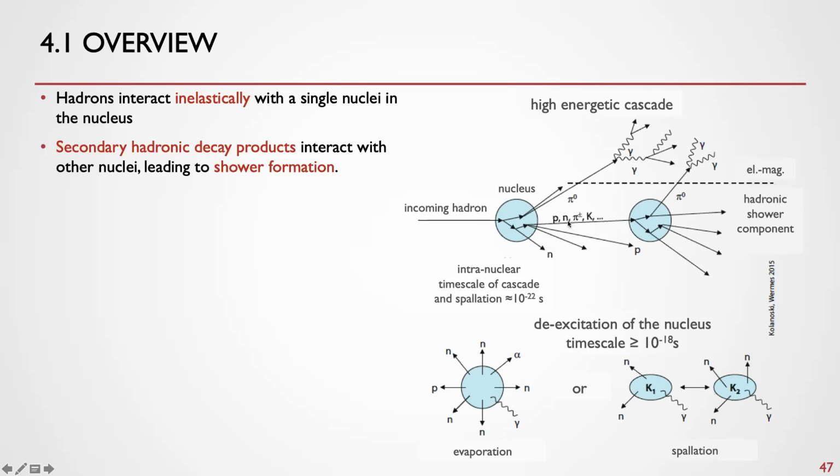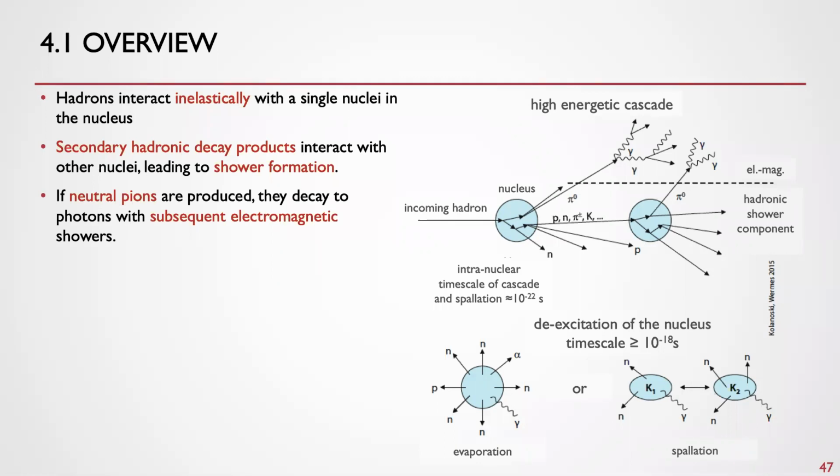Remember, the length scale ratio of the atom to the nucleus is 10 to the 5. So if a particle is not electromagnetically interacting, it can travel a significant distance in the detector material, and therefore the shower development is on a longer length scale than the electromagnetic ones.